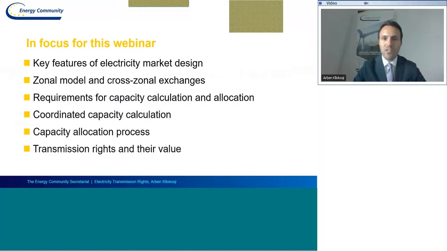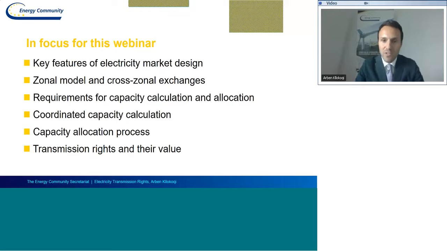We'll go through the key features of electricity market design. This will be on a high-level basis, just setting the scene and starting from this point. And then we will discuss a little bit of the zonal market and cross-zonal exchanges. Then we will dive into the requirements for capacity calculation and the capacity allocation.